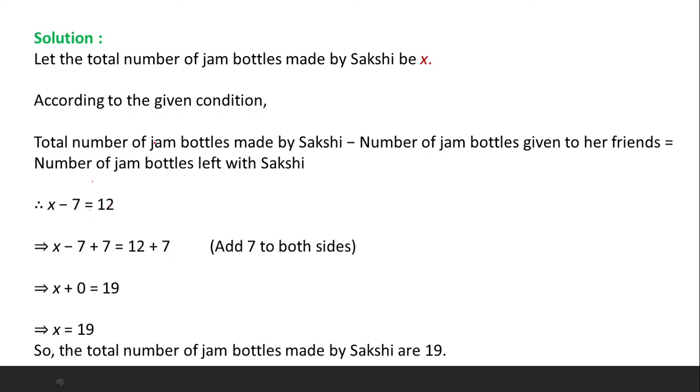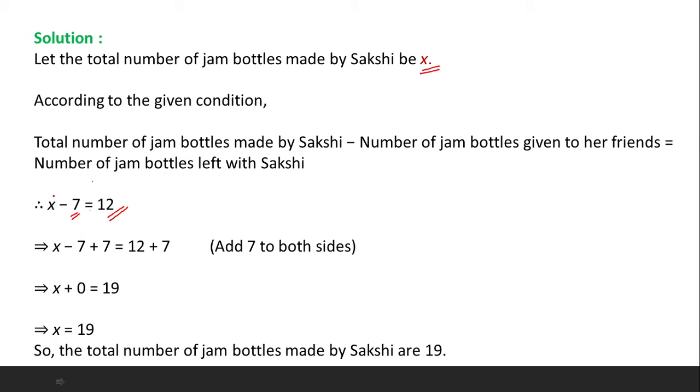Children, as we don't know how many bottles she has prepared, we have assumed it to be X. According to the condition, out of the total number of jam bottles she prepared, she gave 7 to her friends, and after giving this, 12 bottles were left with Sakshi.